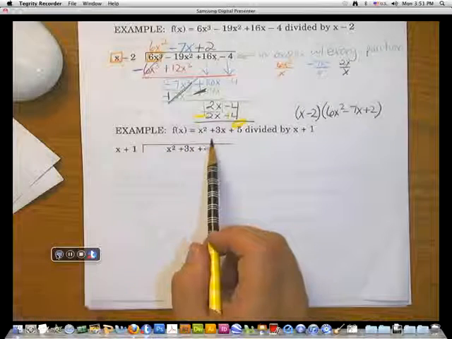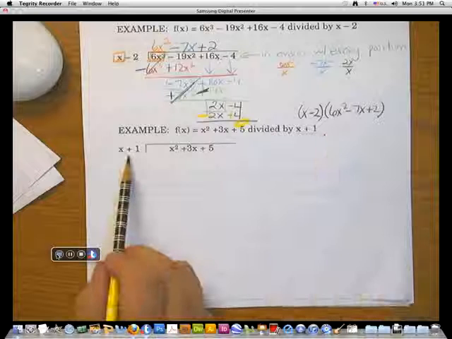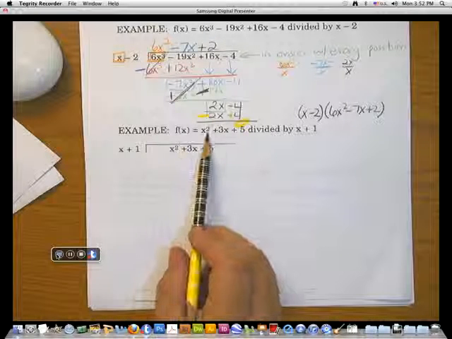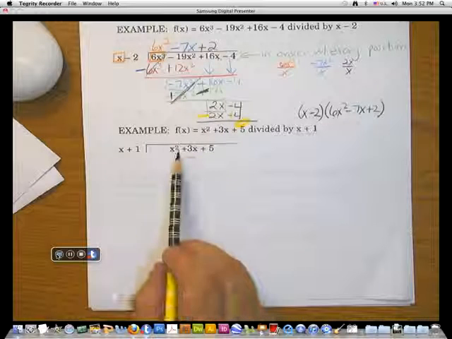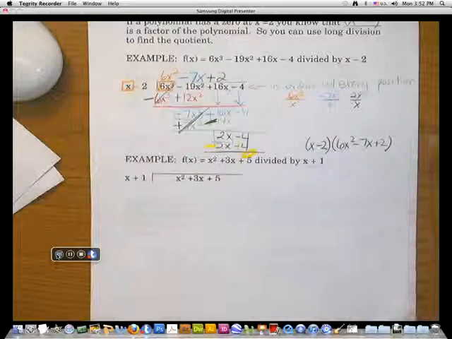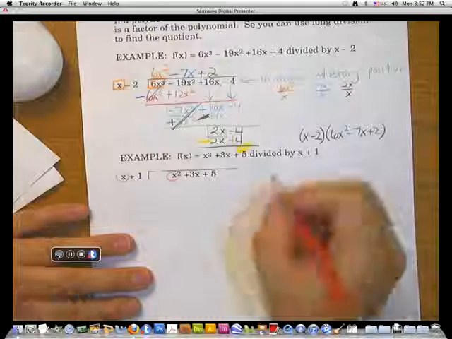Okay, so here we have a polynomial, and it's divided by x plus 1. So there's my factor x plus 1. There's all of my terms, x squared, 3x, 5. Every position is accounted for, a squared, a single, and a constant. So I start with just looking at the x and the x squared.